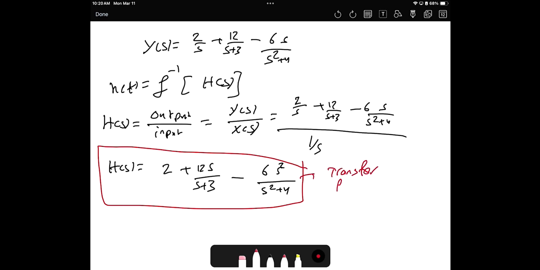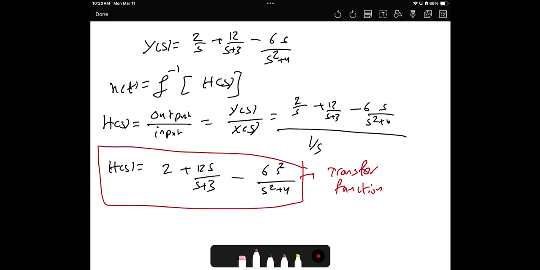Again, the question didn't ask for the transfer function, it asked to find h of t, the impulse response. What's the relationship between the transfer function and the impulse response? What do you think? What are your thoughts? I want to hear from you. How to find h of t, or how to find the impulse response?